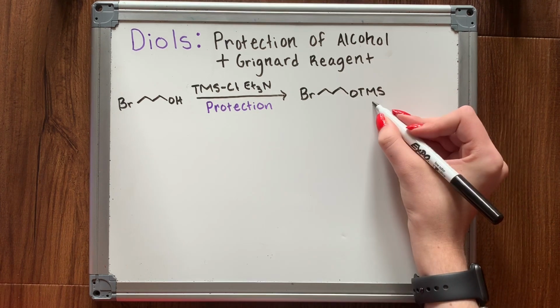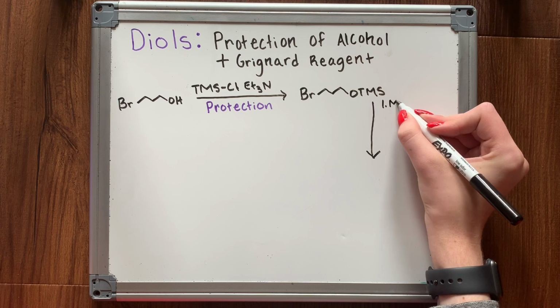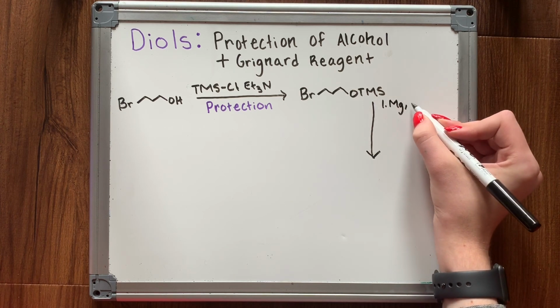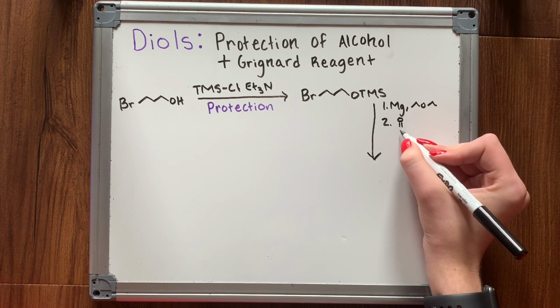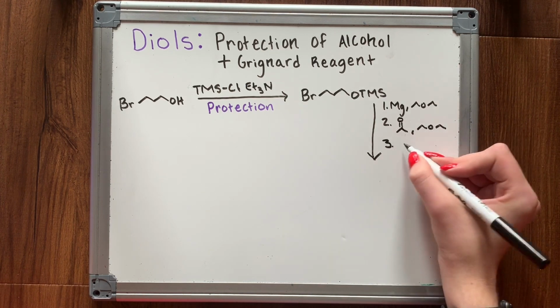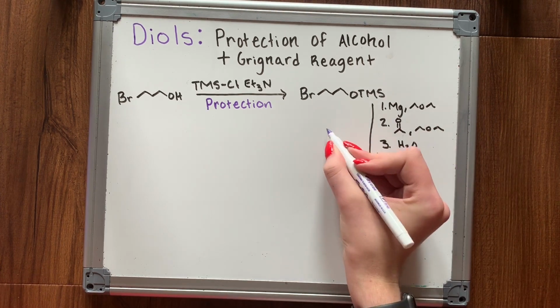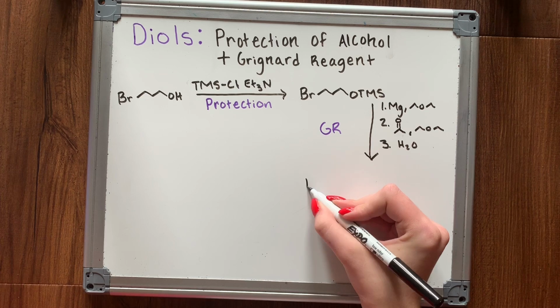Then we can make this into a Grignard reagent with Mg and diethyl ether. We have a ketone here, which is what we're going to attack, our carbonyl, so that's our Grignard reagent process.